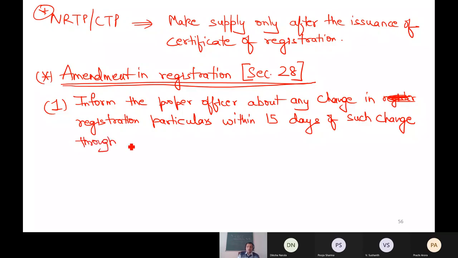Otherwise, how will you inform? So you have to submit the application within 15 days of such change to the proper officer.